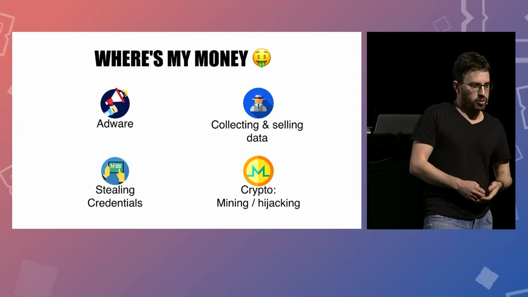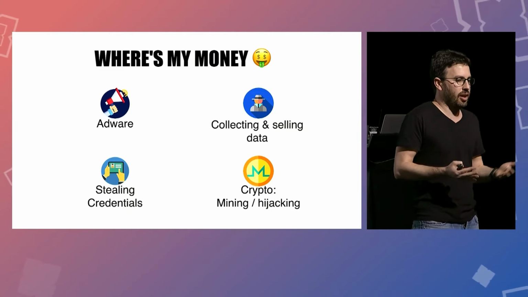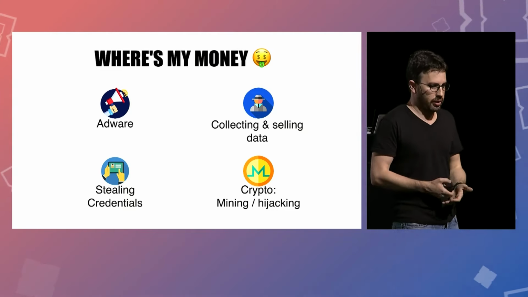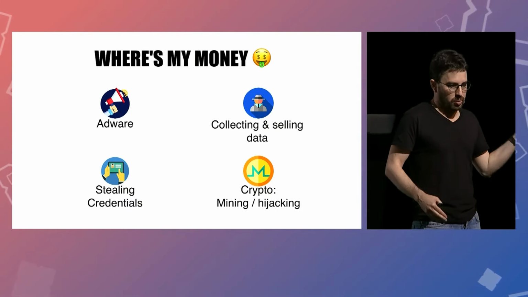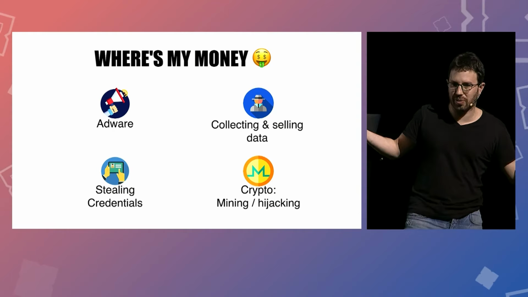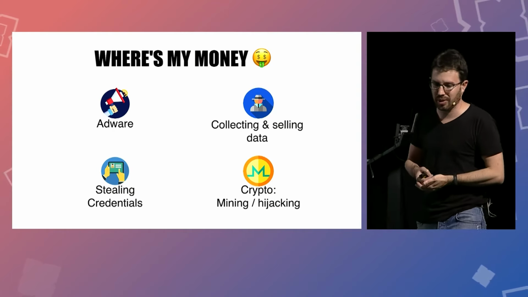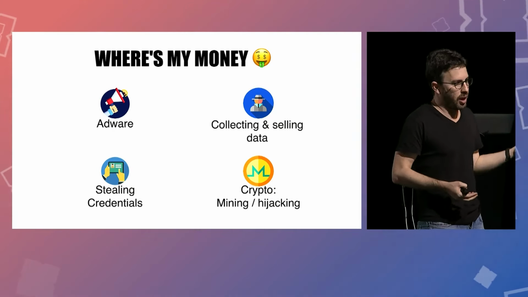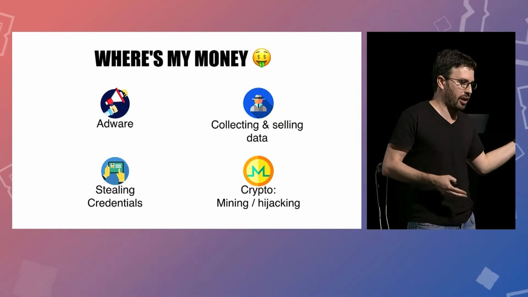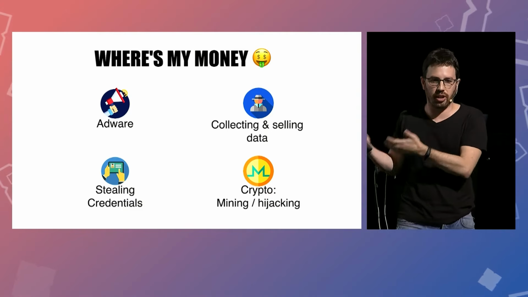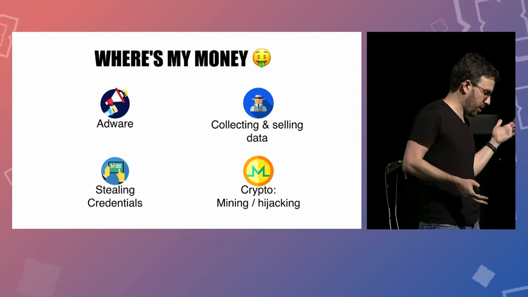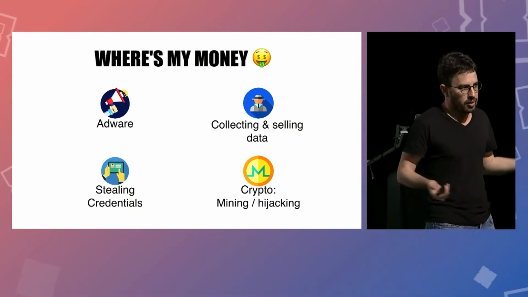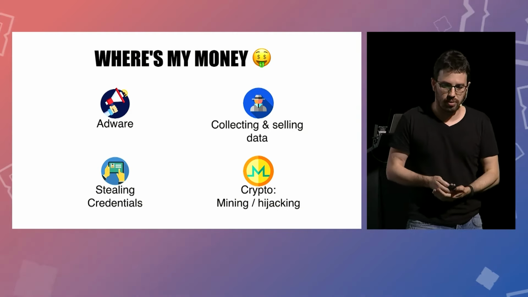The second thing is collecting your data and selling it to third-party companies. Also, they can steal your credentials, as we saw before, and of course, riding the crypto trend, they can mine crypto from the background JS, and also try to hijack transactions from the user. In some cases, I don't know why, Monero seemed to be the most popular crypto.